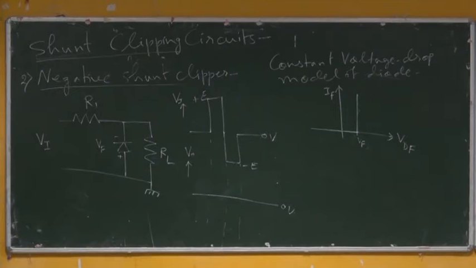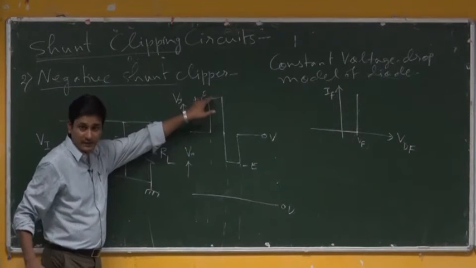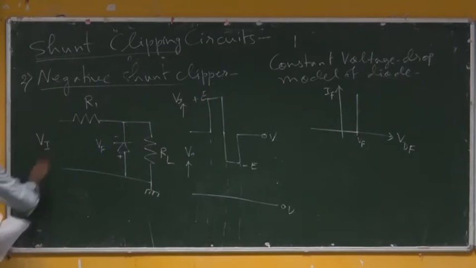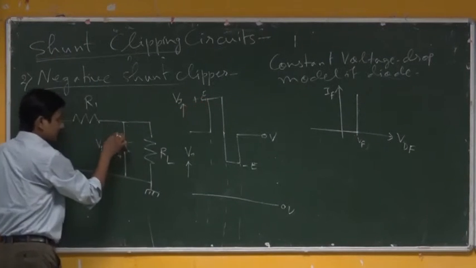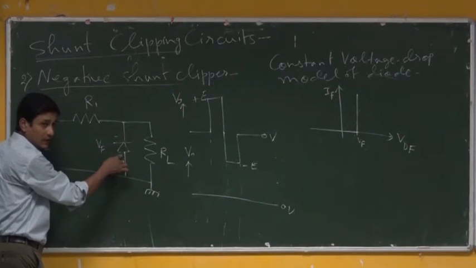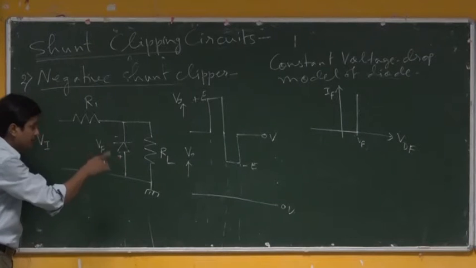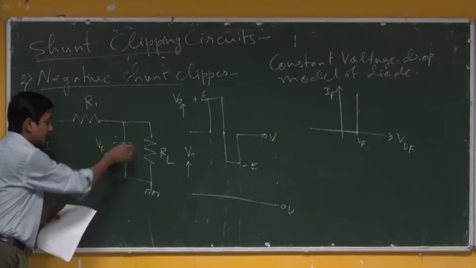I think I will just apply the incremental concept there, where if positive voltage has come there. In that case, positive potential has come here, plus E has gone to the negative side, N side, and minus E, or negative potential, has gone to the P side. So it is open circuited at the beginning.